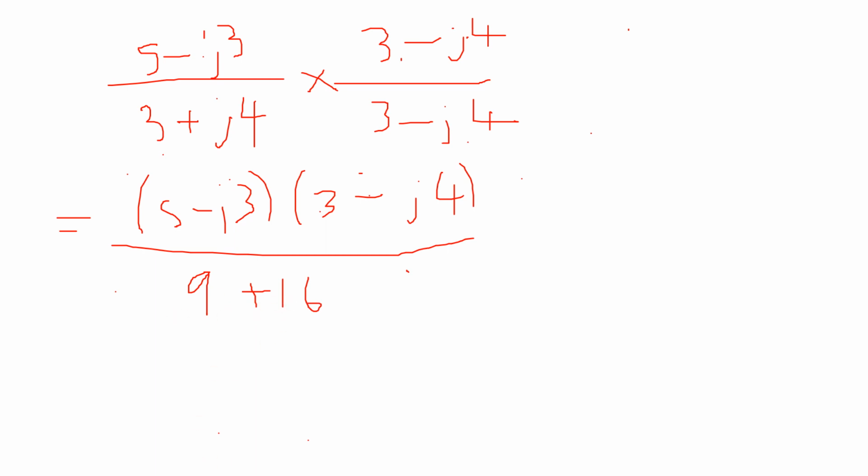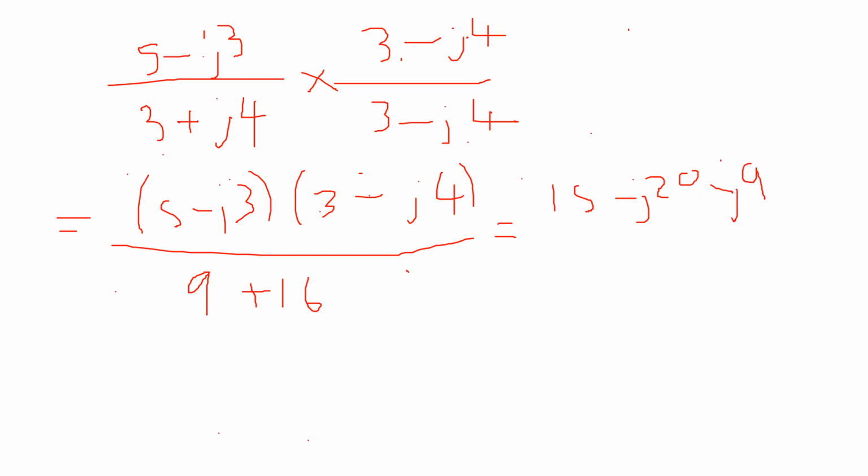Okay, so now you can simplify what you have at the top. You will say 5 multiplied by 3, which is going to be 15, and then 5 multiplied by negative j4, which is going to be negative j20. And then negative j3 multiplied by 3, which is going to be negative j9.